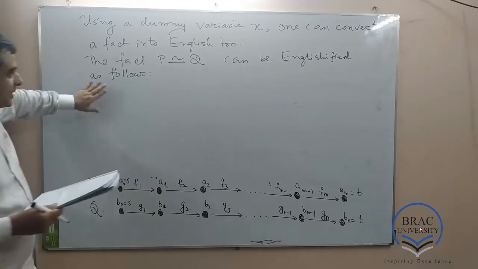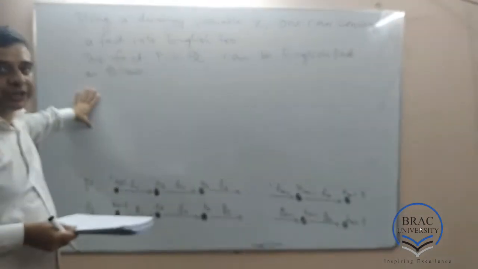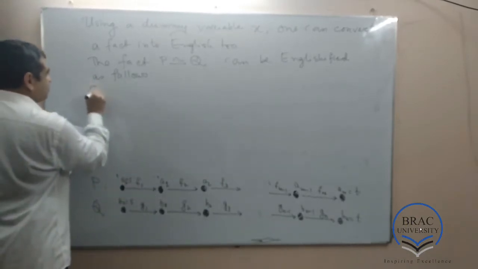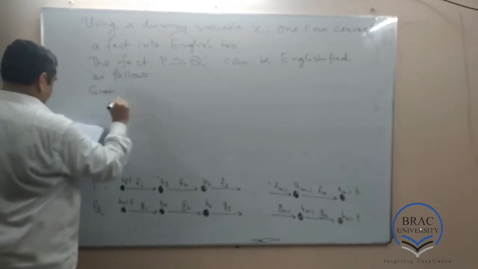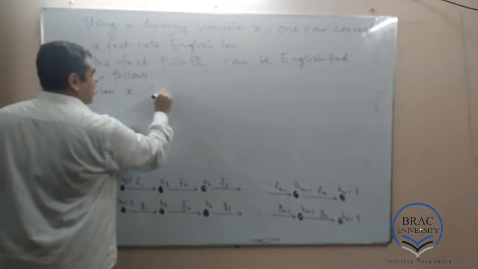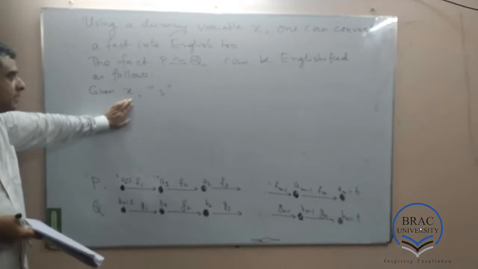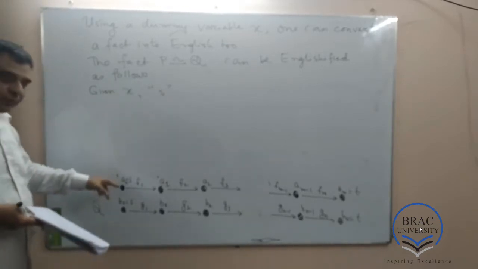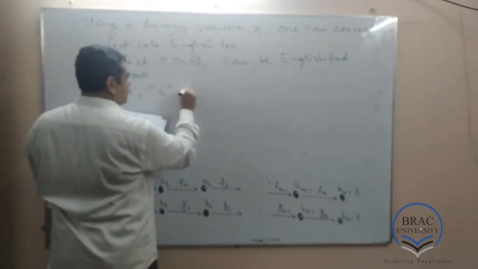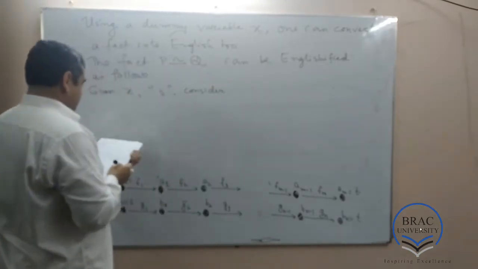So this may not make sense at this moment, but when I give you specific examples, you will understand what these things mean. Okay? So given x, comma, s, right? X is the dummy variable that we are considering, and s is the source of both the paths. Given x, comma, s, consider the following.